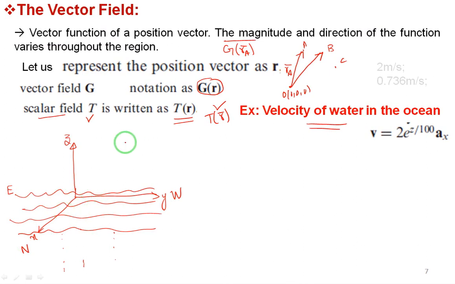I want to find out the velocity of water in the x direction, because along the x direction I have taken the direction as north. So I want to find out what is the velocity of water in the x direction.